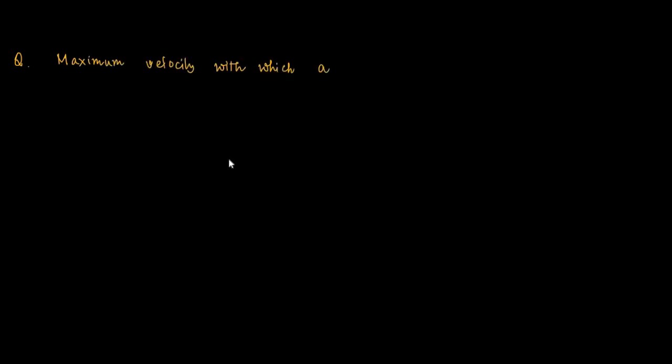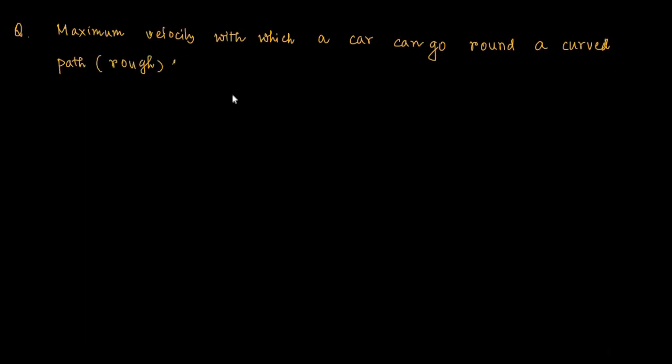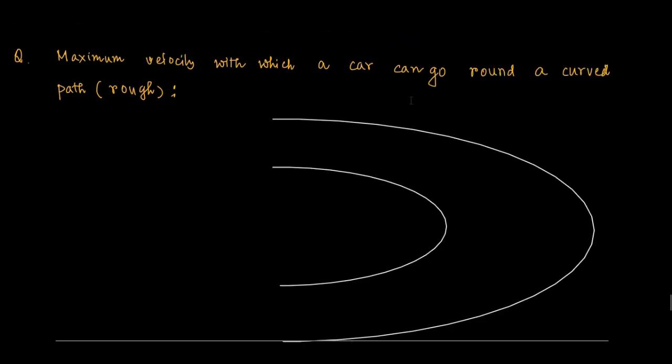Maximum velocity with which a car can go round a curved path, and the path is rough. In the diagram, this is a rough curved road. O is the center of this rough curved road.